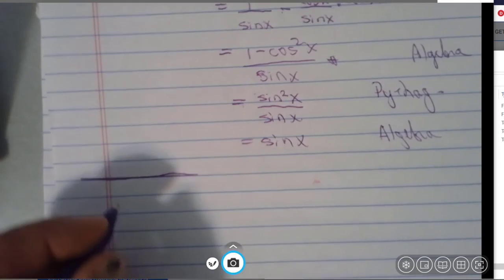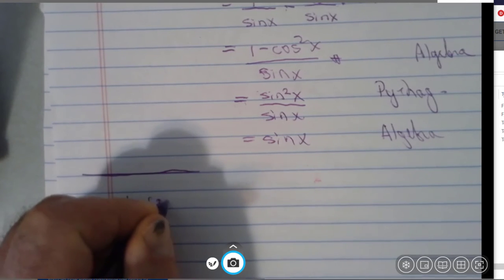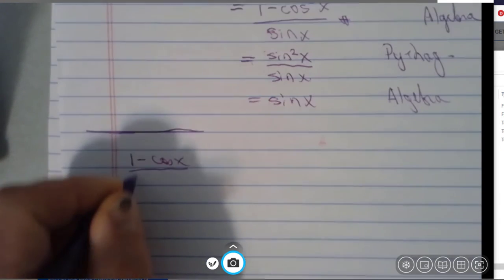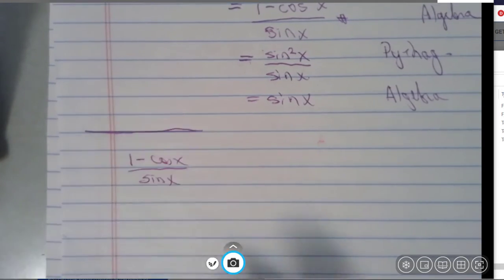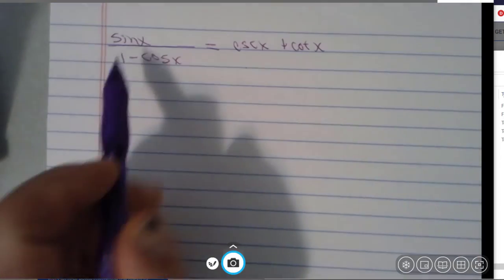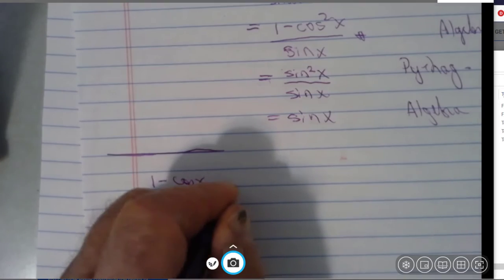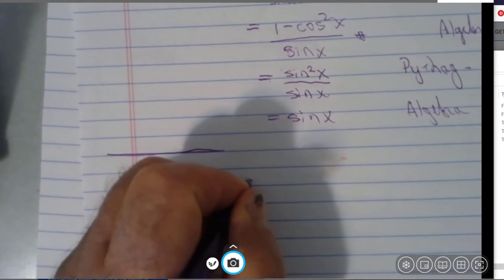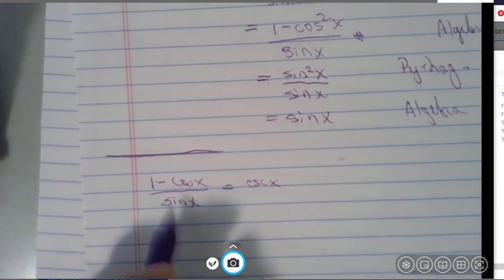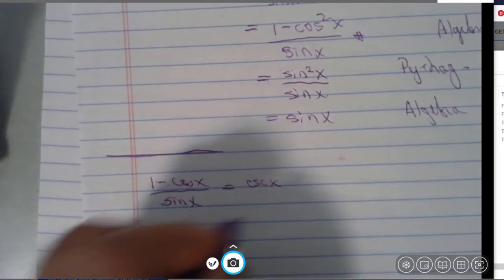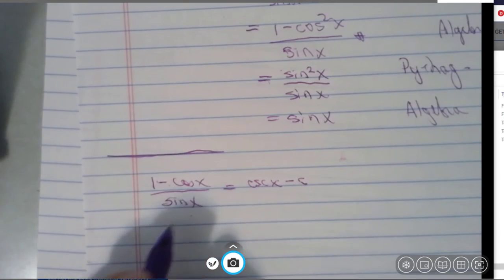If I had this, 1 minus cosine of x over sine of x, so in other words, the very same pattern I have here, except the reciprocal, then I could divide term by term. I'd have 1 over sine of x, which is cosecant of x, and minus cosine of x over sine of x.